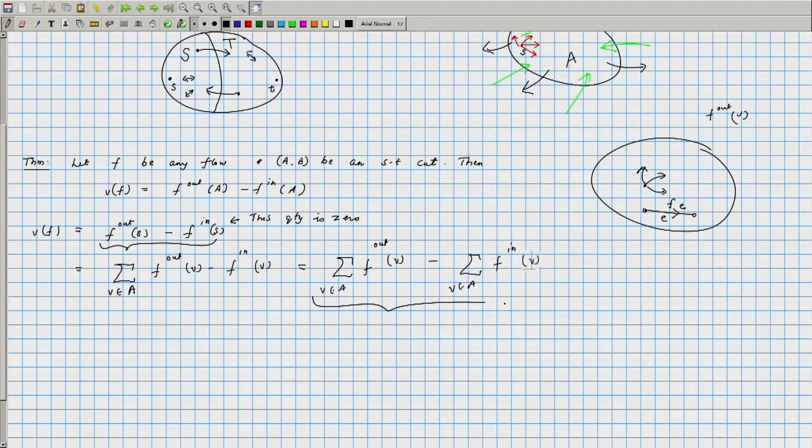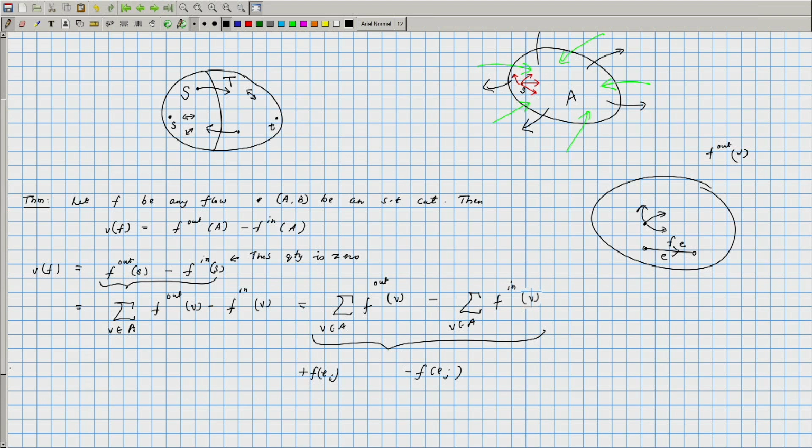So, if you look at this term, there are going to be a lot of terms of the form Fe. Some of them are going to appear as positive, some as negative. Let us understand which ones appear as positive and which as negative. All the edges which lie within A come in both positive and negative, and therefore cancel each other out. Those edges which originate in A and end up in B are going to come only in positive format.